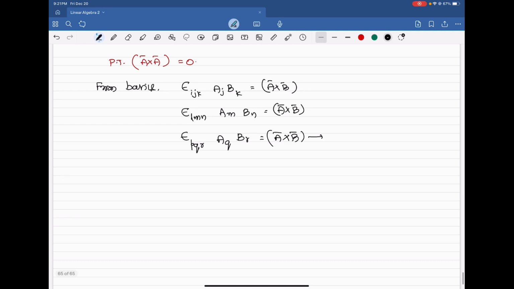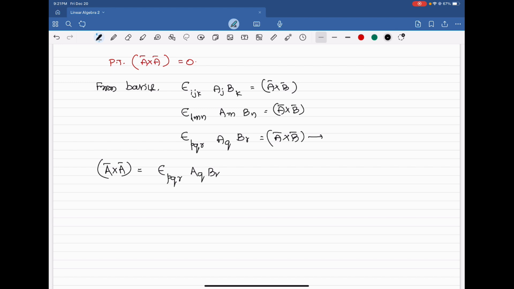What is B cross A? B cross A is equal to epsilon PQR bq ar... Then another simple point: when the cycle is reversed, what happens? The values get the negative.